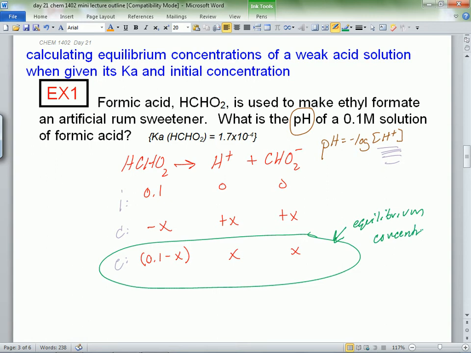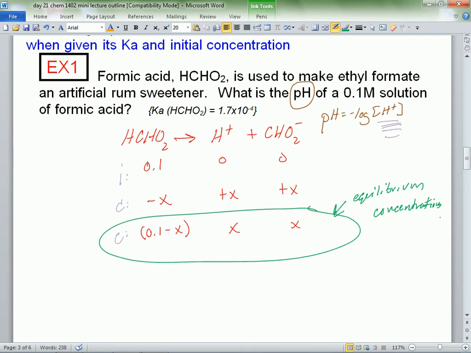So it looks like we just need to take the negative log of what and we'll have our answer. Do you see it? Take the negative log of x. That's all we're going to be doing. Taking the negative log of x and we'll have our answer, because that's what the hydrogen ion concentration is.